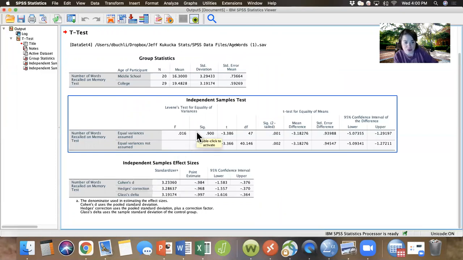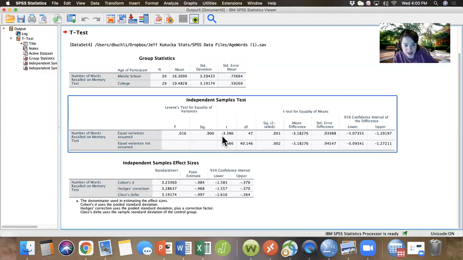And then here's the fun stuff, right? This is the results of our t-test, okay? So what have we got here? We've got our t-value, and we've got our degrees of freedom, and we've got our significance value, right? So your t-value would be negative 3.38, okay?